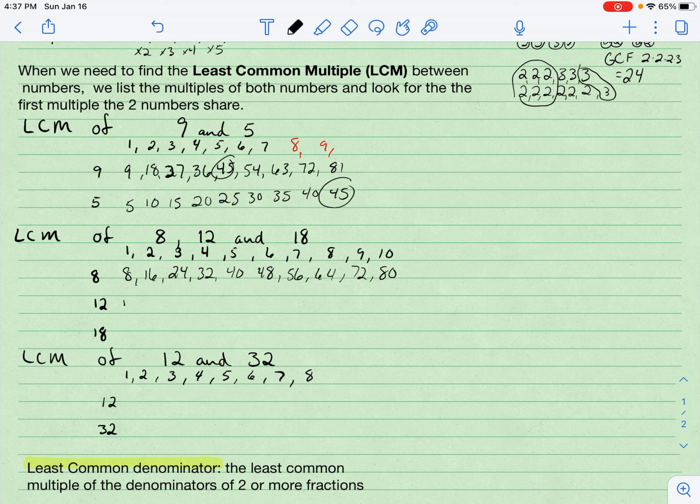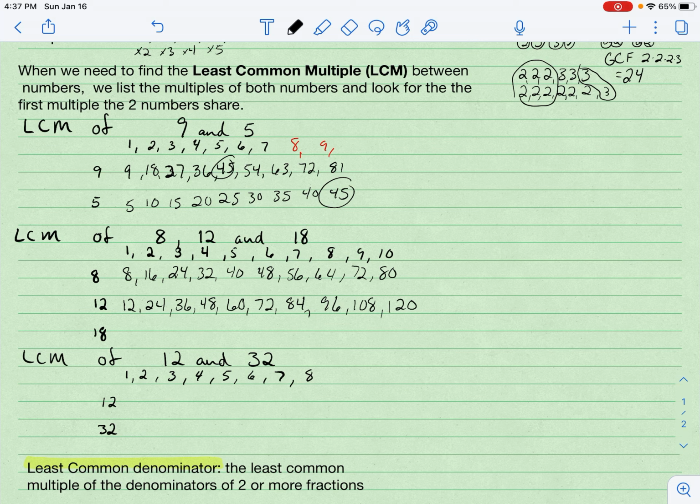Okay, 12 would be 12, 24, 36, 48, 60, 72, and then you've got 84, 96, 108, and then 120.